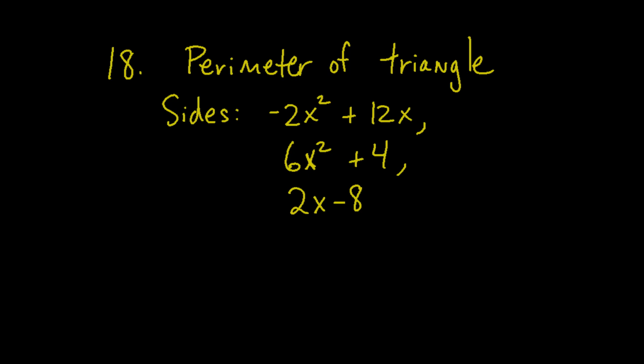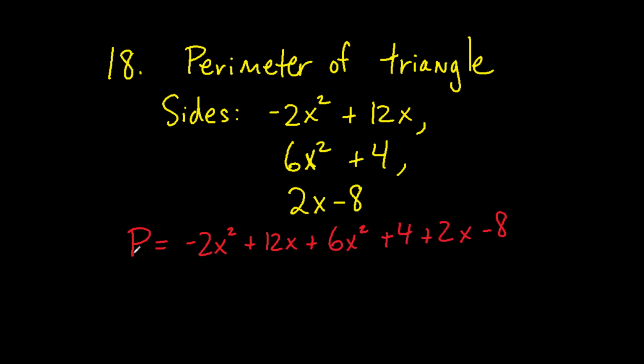Problem 18 is asking us to find the perimeter of a triangle with the 3 given side lengths here in polynomial form. So recall that a perimeter of a triangle is found by adding up the lengths of all three sides. So basically the perimeter will be all of these three expressions added together after we combine the like terms. So we want to add x squared terms to x squared terms.